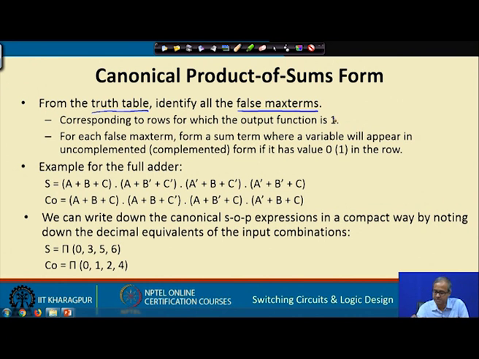Okay, false minterm means the output will be 0, not 1, right. Then for every false minterm, you form a sum term, but now the sum terms are reversed in polarity. That means, if it is 0 in the truth table, you use it in uncomplemented form. If it is 1, we use it in complemented form.